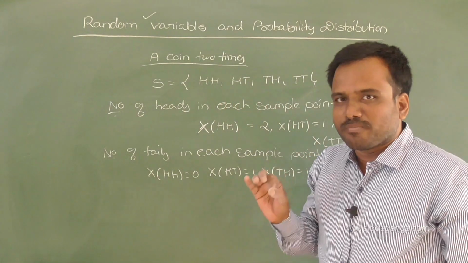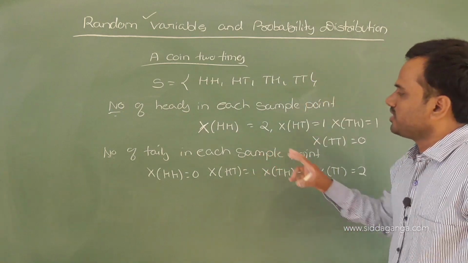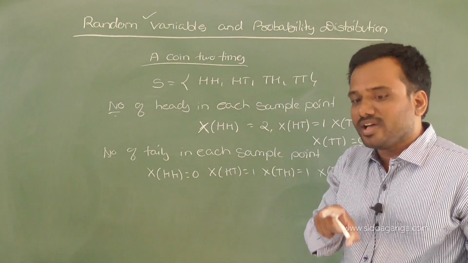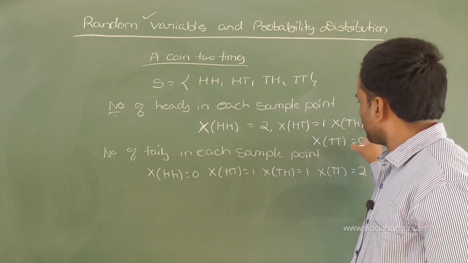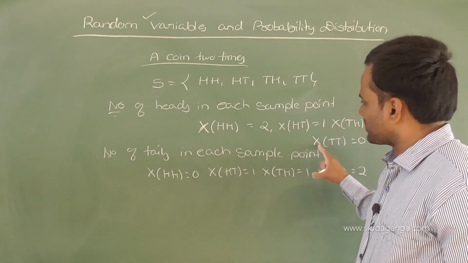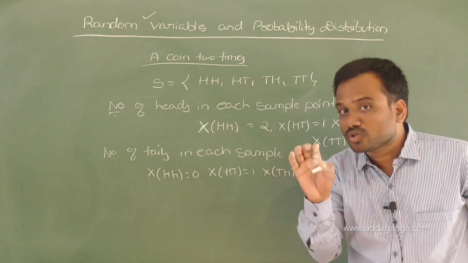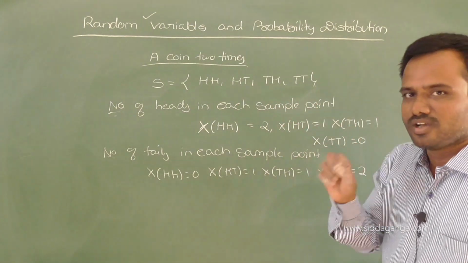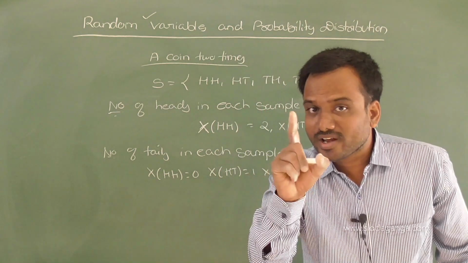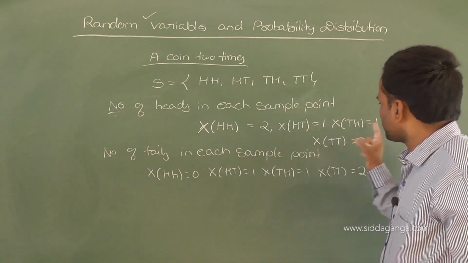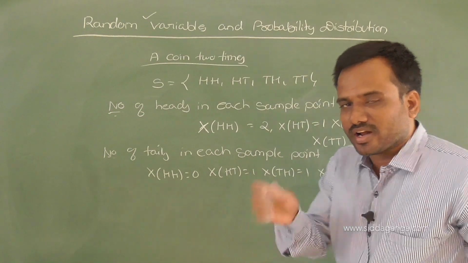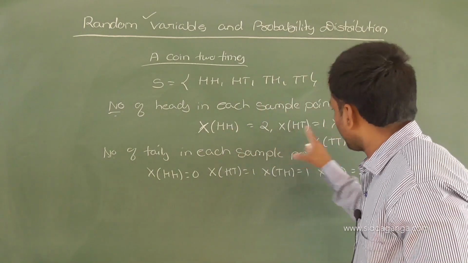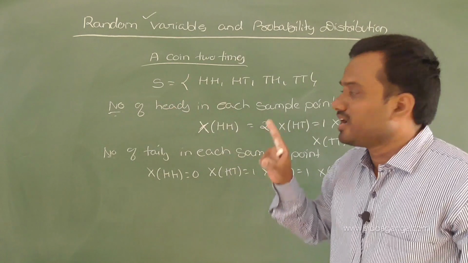Observe here, a random variable is a real valued function, it gives the real number. Random variables are denoted by capital X.